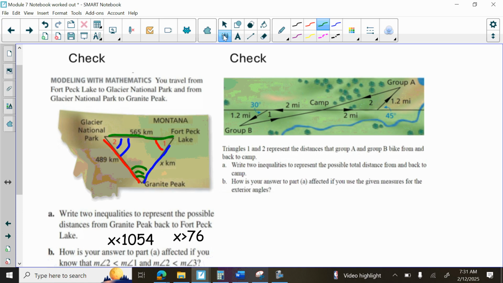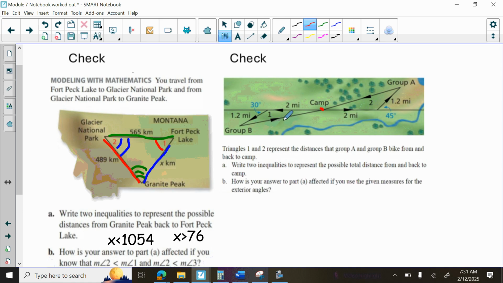All right, the second question. Triangles 1 and 2 represent distances from group A and group B bike from and back to camp. So we have, this is our camp. This is our camp.